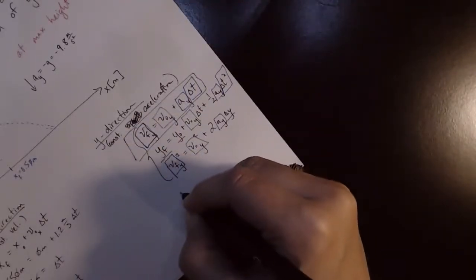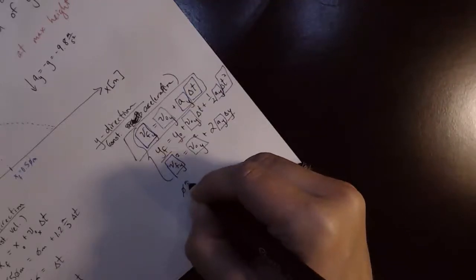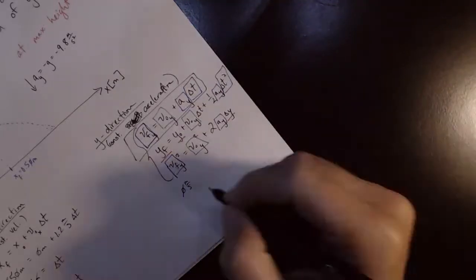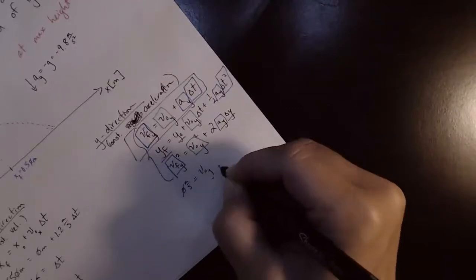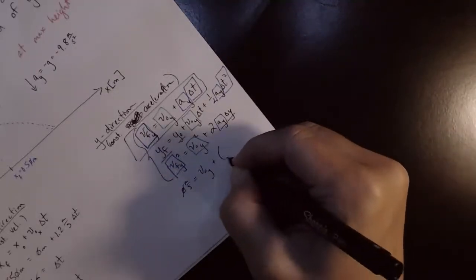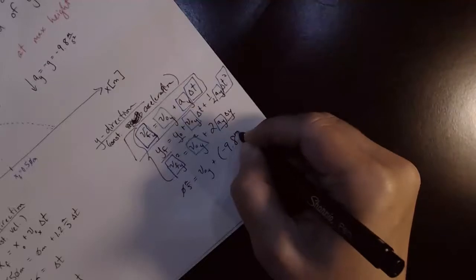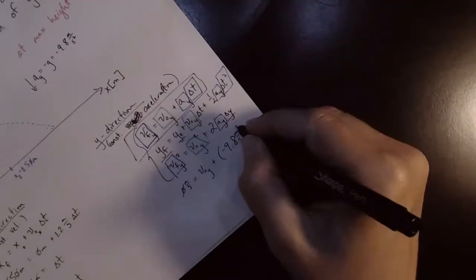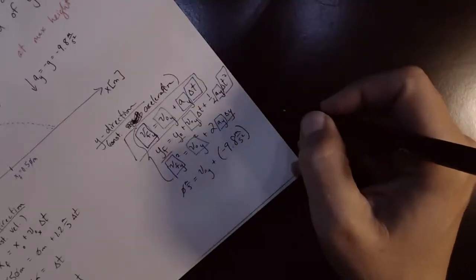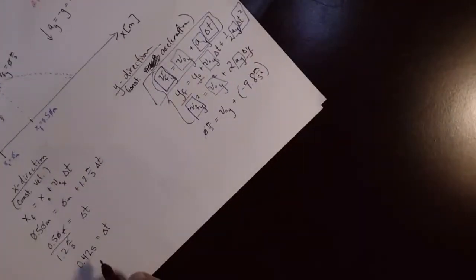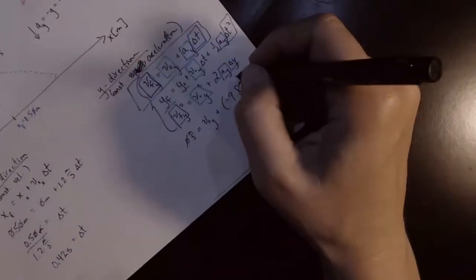The velocity final in the y direction is 0. The velocity initial in the y direction is what we're looking to solve for. The acceleration in the y direction is minus 9.8 meters per second squared to 2 sig figs. And the time I solved for here as 0.42 seconds.